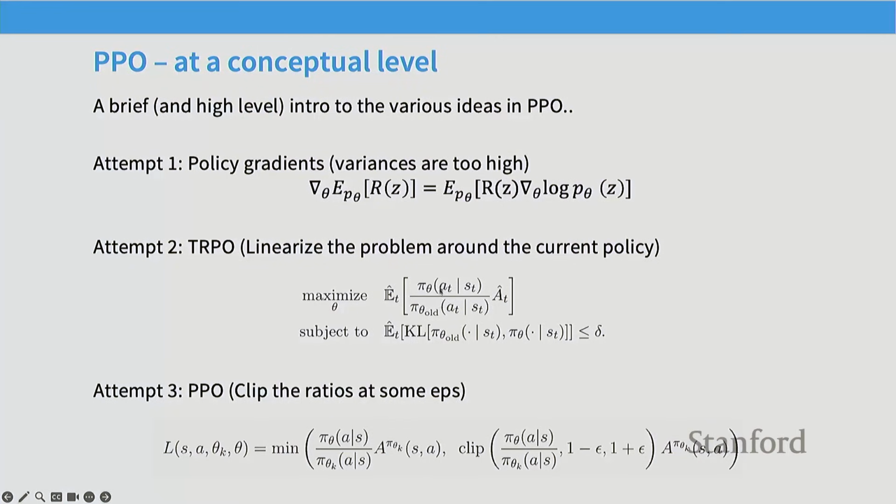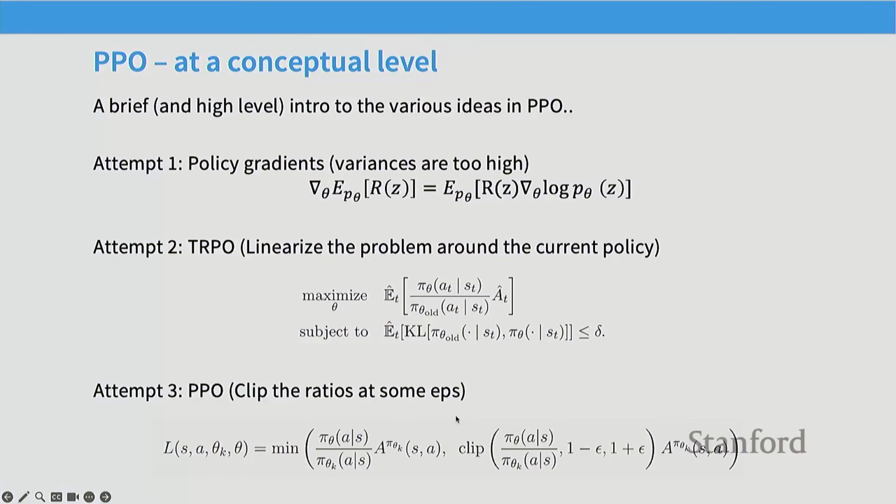You make corrections for all the gradient steps you take, and then you constrain yourself to stay close. Now, PPO takes the final step and says, instead of explicitly constraining myself to stay close to my old policy using this KL constraint, maybe I can just clip the probability ratios, and this will naturally incentivize the model to stay close to the original policy.